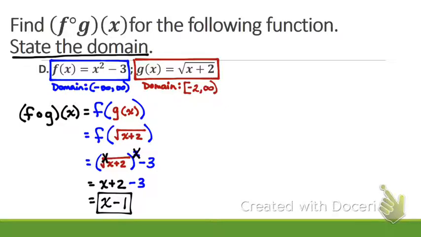Which one of those is the most restrictive? G of x. That has to then apply to my composition. Are there any additional restrictions on my composition? Nope. So my domain down here would be -2 to infinity.